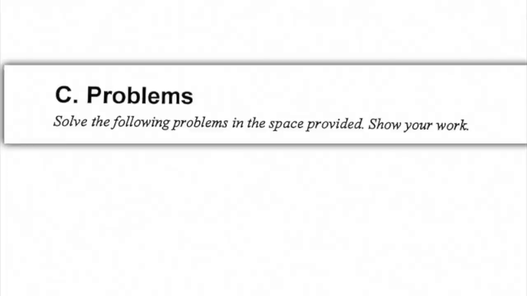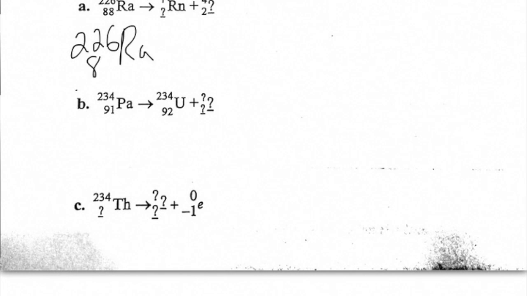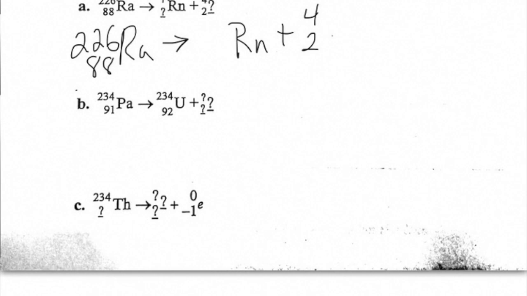All right, some problems. These are nuclear reactions where we're going to fill in the blank. So radium-226 and atomic number 88 decays, and it produces radon and some other particle. That particle has a mass of 4 and an atomic number of 2. We put He there for a helium nucleus.